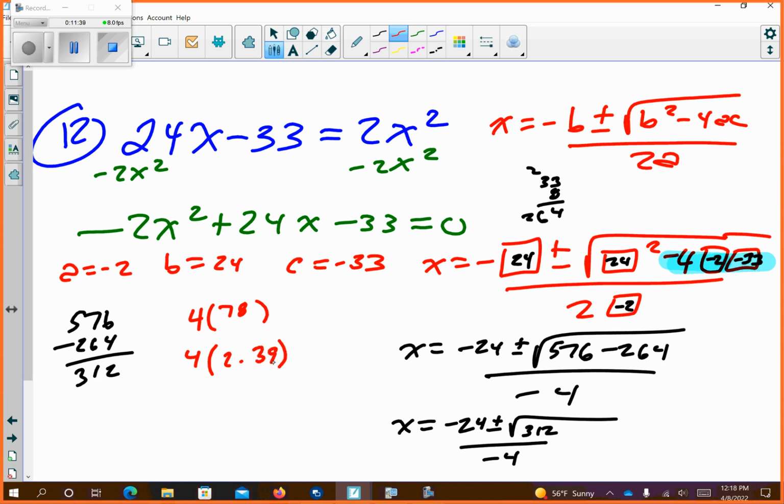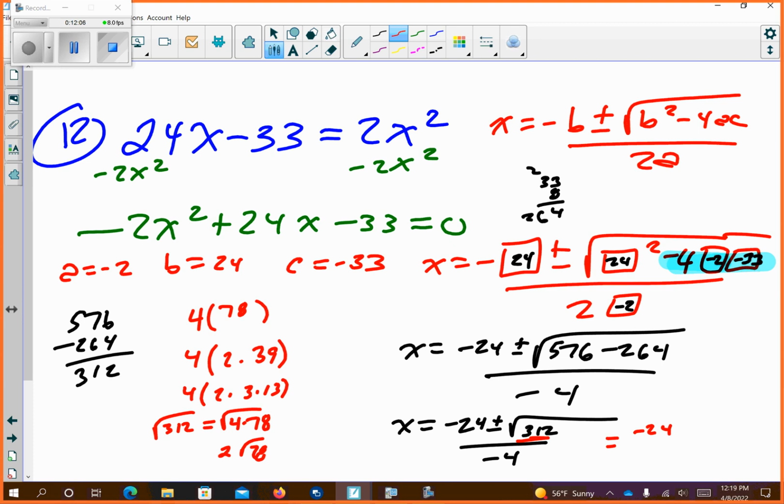Is that right? Hang on. Let's see if we have any more perfect squares. 39 breaks down to 3 and 13. Okay, so that means underneath here, root 312 breaks down to root 4 times 78, which is 2 root 78, which is ugly.